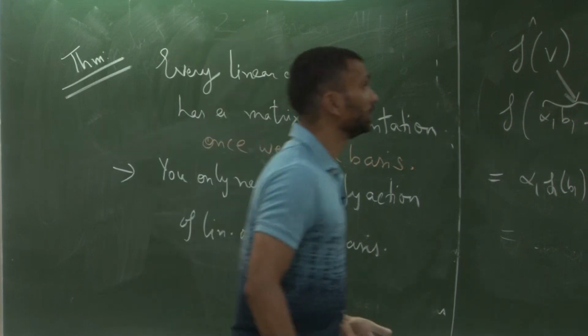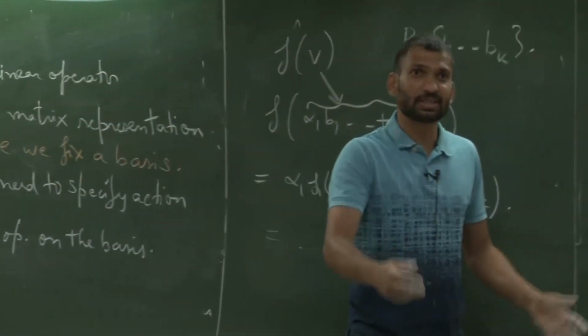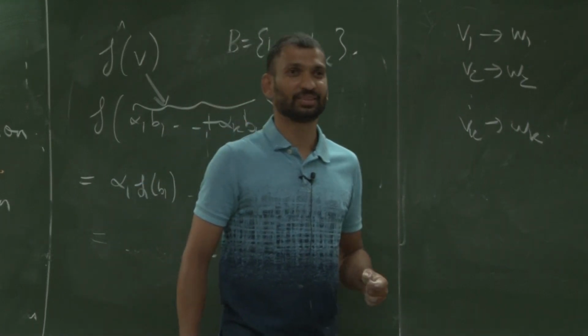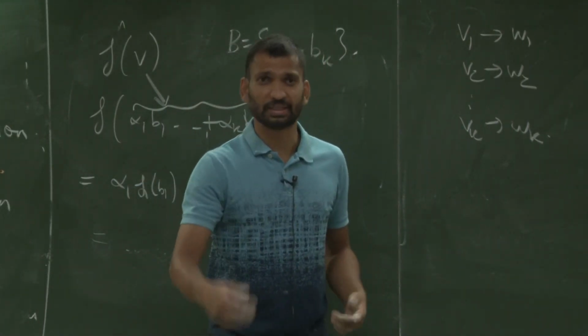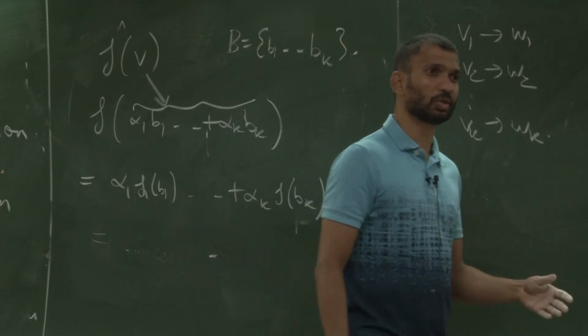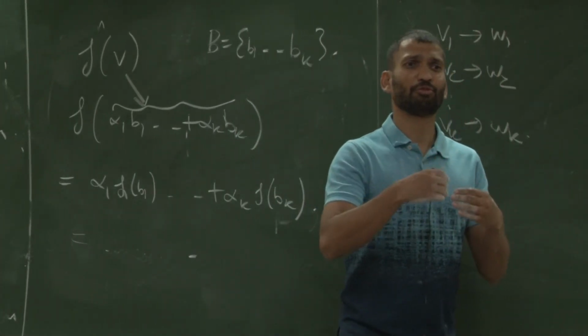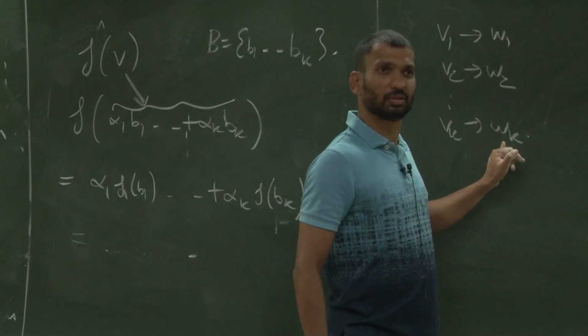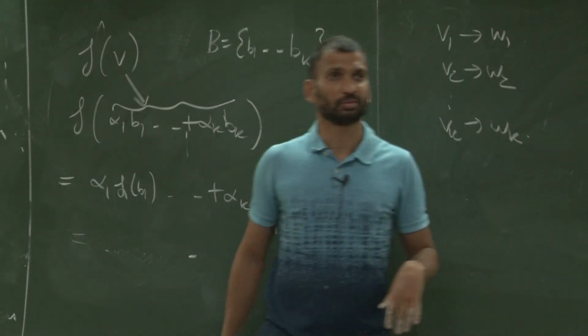Since you answered so nicely, I give you the freedom to choose any basis of your choice. So I think Dev knows the answer, but what about others? Fix your favorite basis. What will be the matrix for this linear operator?